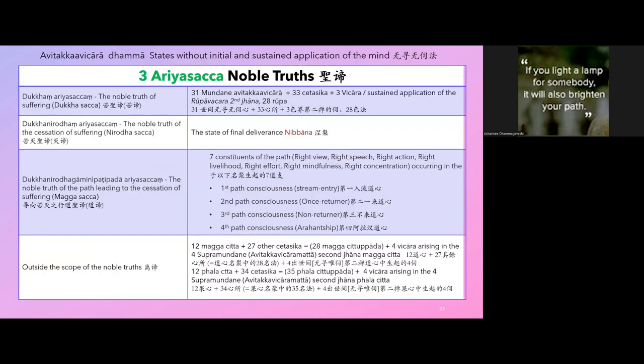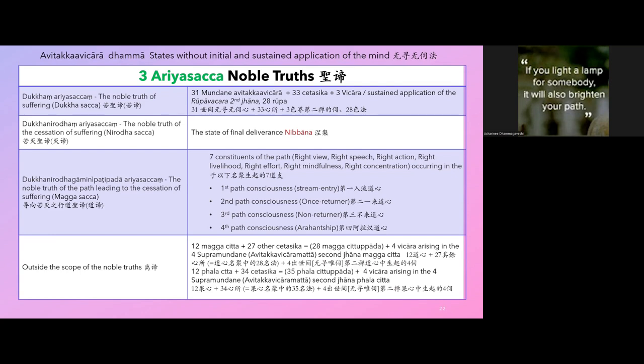And finally, we come to the last category, ariya sacca, and here we get 3 noble truths classified here. What we don't get is samudaya sacca, because we don't get lobha cetasika coming under this term. So if you look at the first one, dukkha sacca, out of the 55 avitakkaavicārā chitta, 31 are mundane.